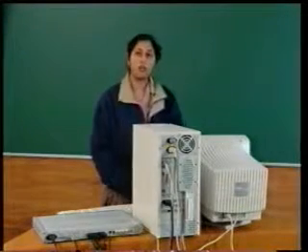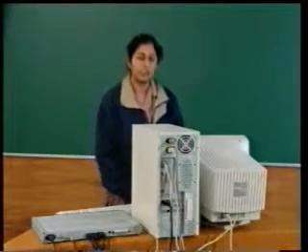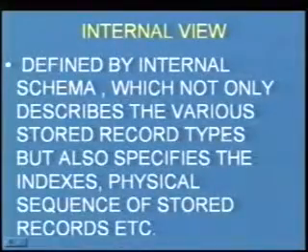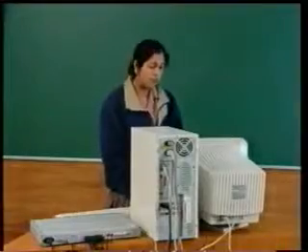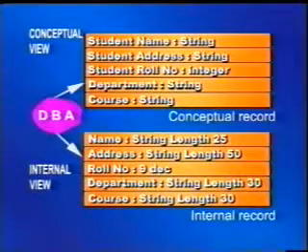Let us now move on to the internal view. The internal view is defined by the internal schema, which not only describes the various stored record types but also specifies the indexes, physical sequence of stored records, etc. Let us move on to the figure we were referring to and see the internal view of the same database.